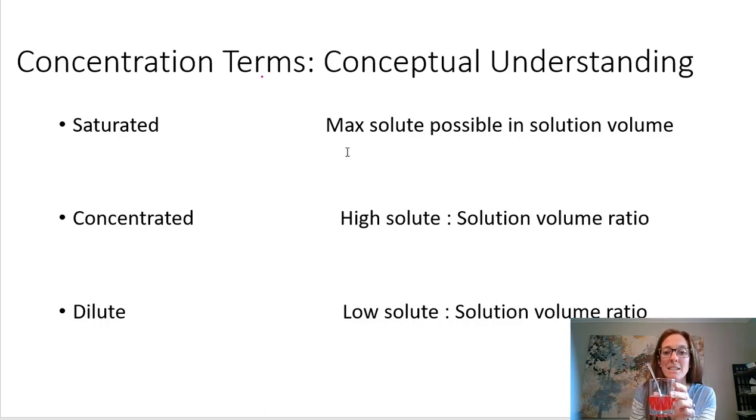I have my maximum possible solute in solution volume. Actually, it's to the point where it's almost what's called super saturated, where it won't even dissolve. So right now I have a very high solute to solution volume ratio. It's very concentrated. But what if I were to take this and pour it into another glass?